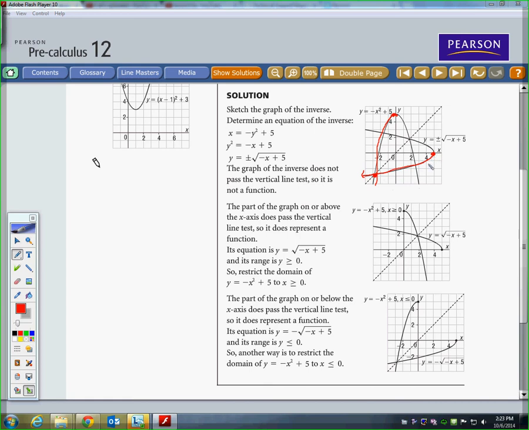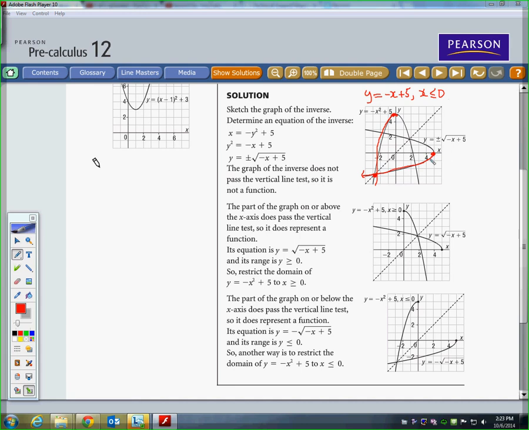So one way to restrict the domain is to say that on the original one, if we said y is equal to negative x squared plus 5, but we restrict the domain and say x is less than or equal to 0, then only the red part would show up.